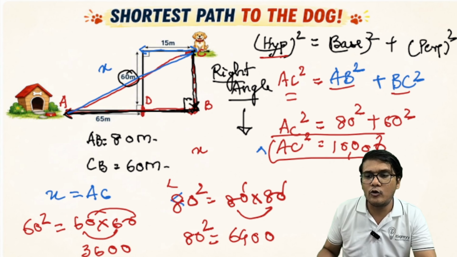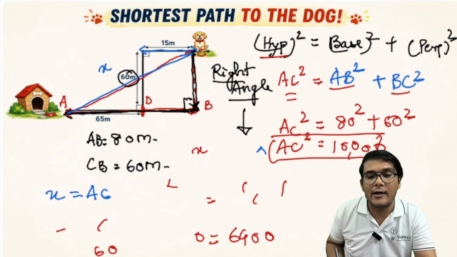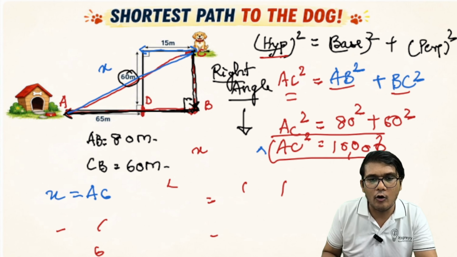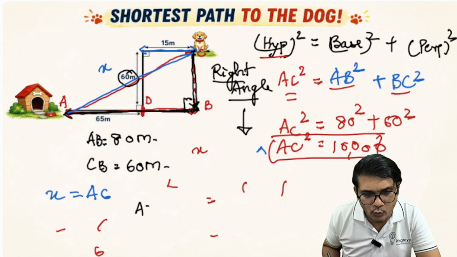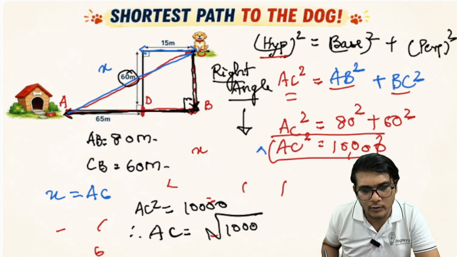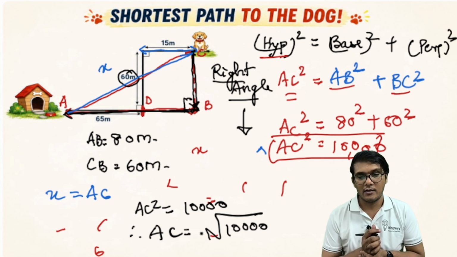Now, if I want to find out how much is AC, I will have to take the square root of 10,000. I hope that is clear. So how to do that? We have to basically write down AC square is equal to 10,000. Therefore, AC is equal to what? Under root of 10,000.